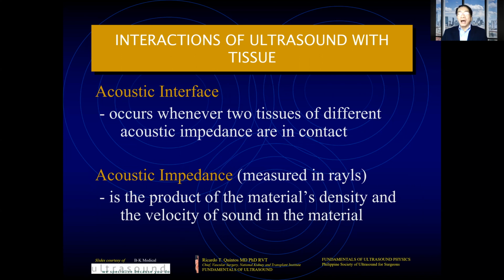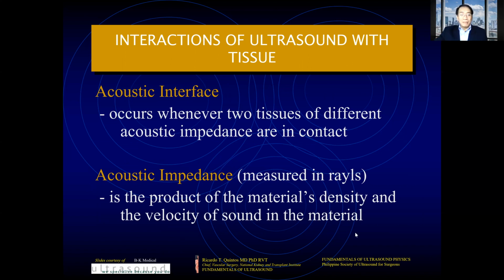Even if there is not an anatomic structure there, the ultrasound waves reflected from this contact of two tissues of different acoustic impedances will be seen as an acoustic artifact. We have to understand that these artifacts are sound artifacts and not anatomic artifacts.